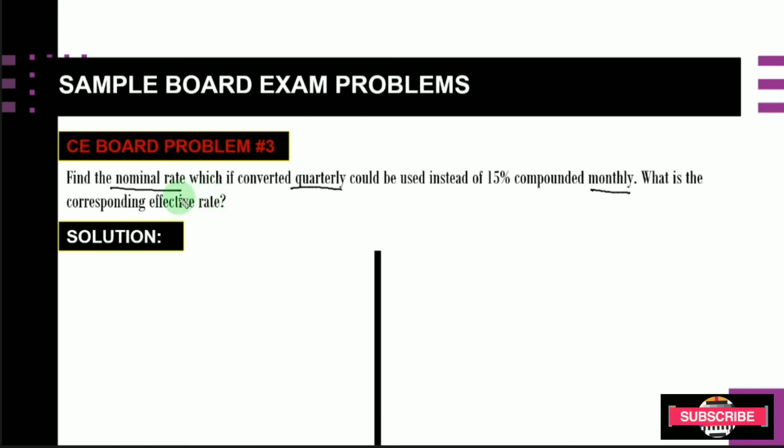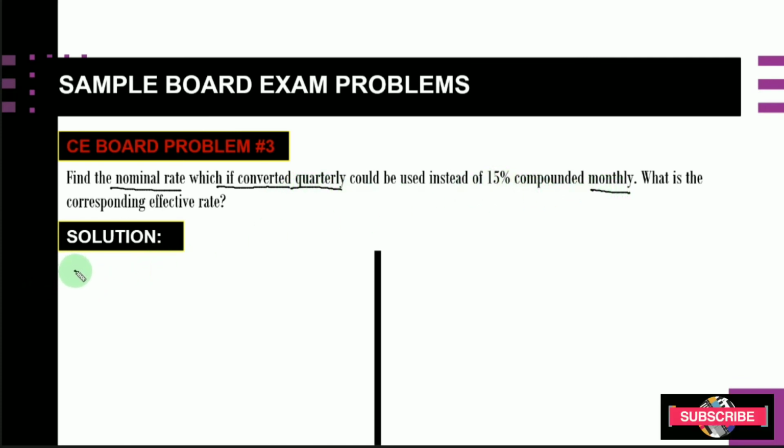Because the problem states if converted quarterly from 15% compounded monthly. So that is why, according to the note on the effective rate of interest, for two or more nominal rates to be equivalent, we have to equate those compoundings, where in this case we have this quarterly compounding and this monthly.